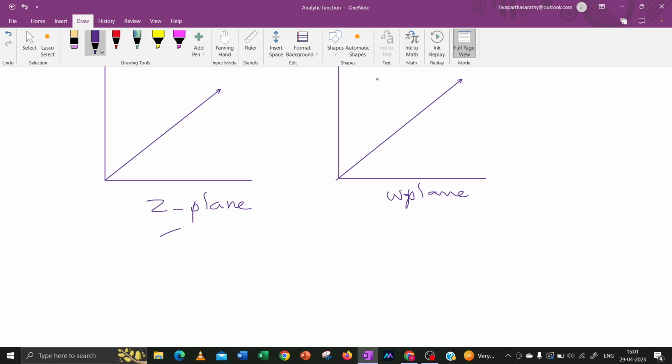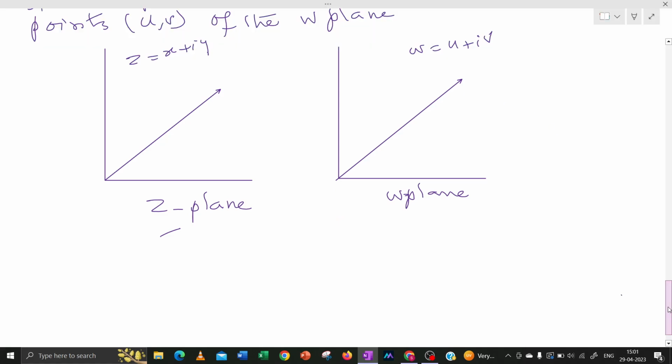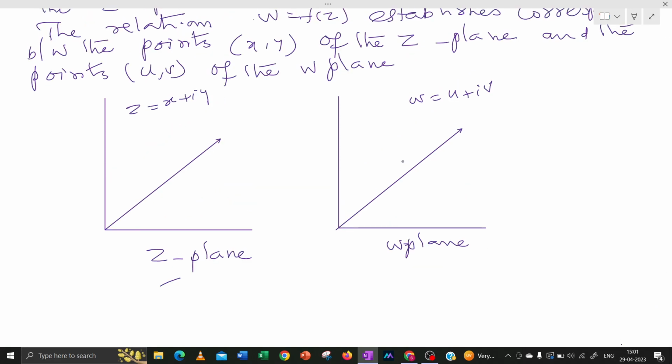For the w plane, w equals u plus iv. This is z and this is w. Here we write the x-axis and y-axis, and the axes u and v, with the respective origins O and O dash.